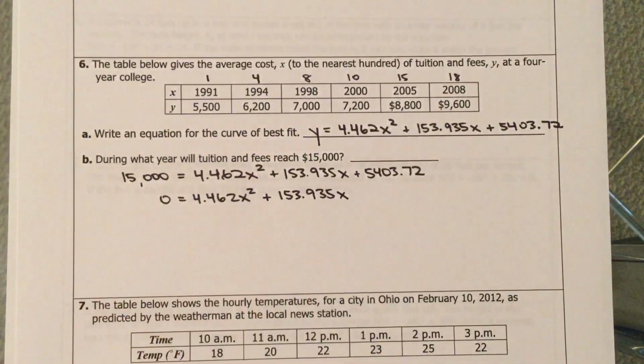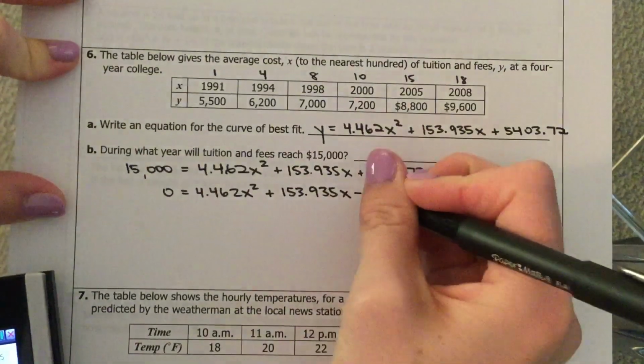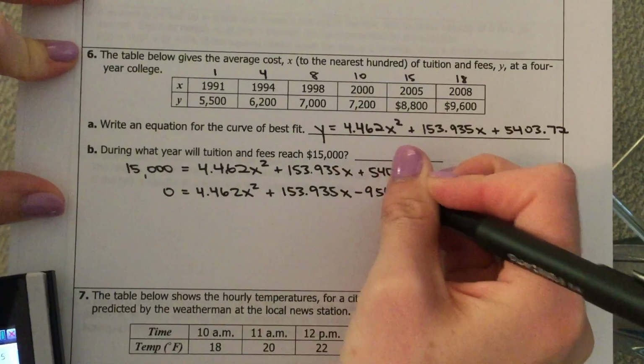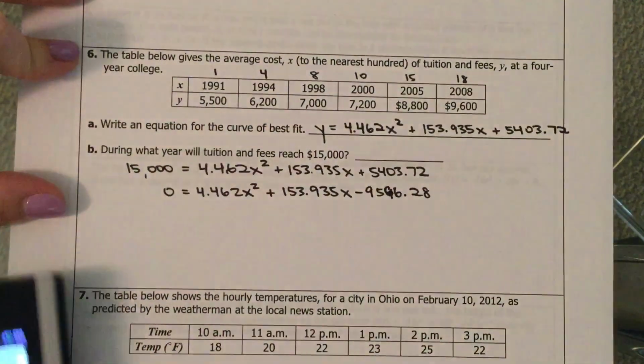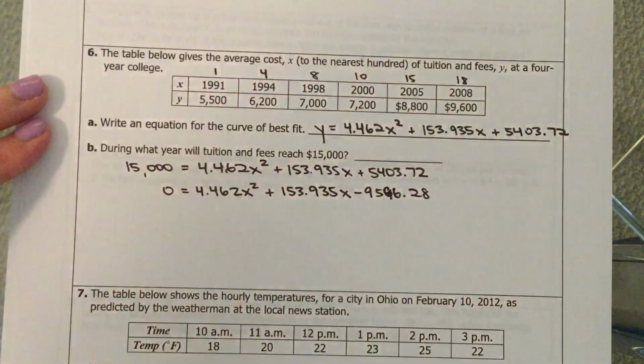All right, so you take that value right there, and then you're going to subtract 15,000 from it. So we have 5403.72 minus 15,000. And we end up with negative 9596.28. And then these values, like I said, are going to go just right in the quadratic formula.